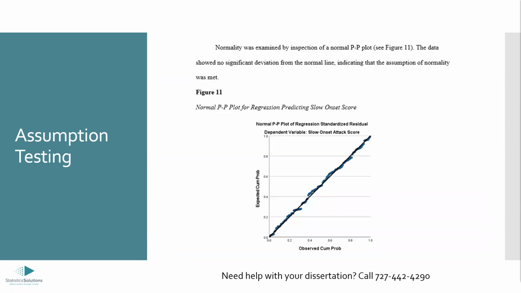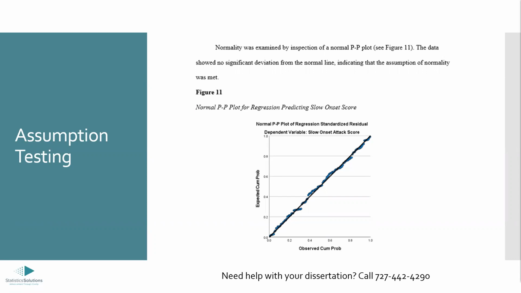And so now let's just take a look at a couple of examples of what the discussion of the assumptions testing might look like. So here we just see an example of a test for normality using a normal PP plot of regression residuals. We say how we're testing normality: by examination of a normal PP plot.